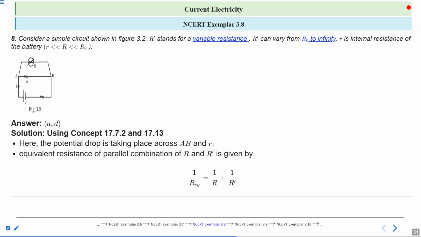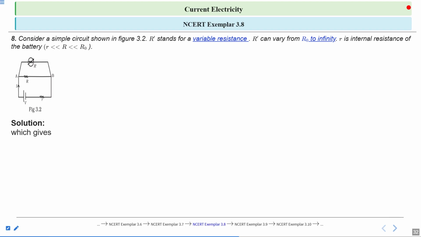So since fixed R is small, the value of R equivalent will always be less than R, or it can be equal to R when R dash becomes infinite. Which gives R equivalent is always less than or equal to R.